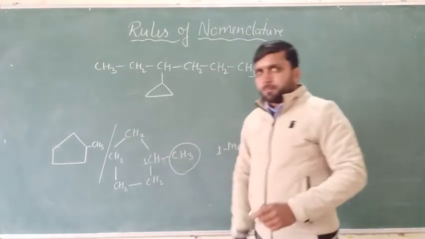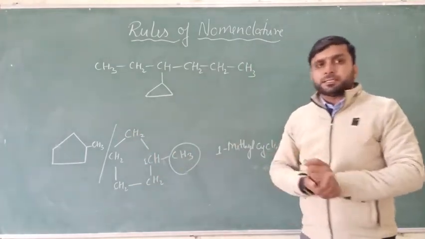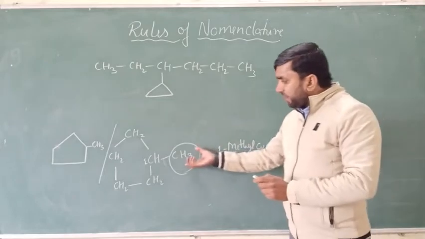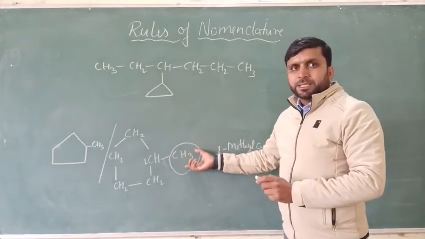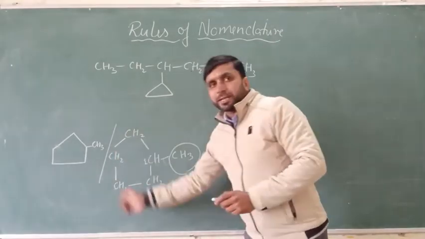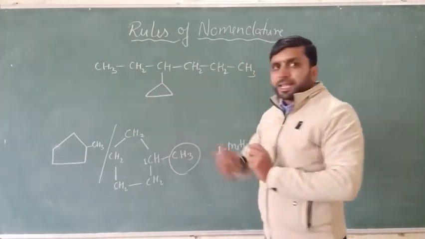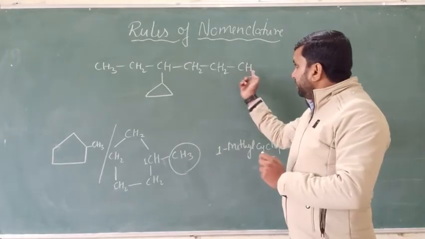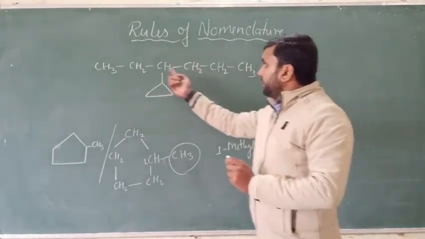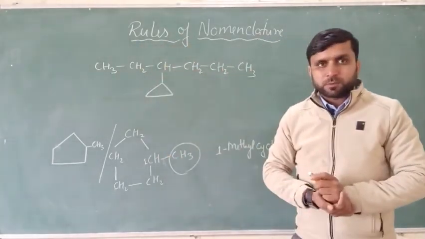Earlier we took CH3 as the branch because the number of carbons in this side chain is less than the number in the cyclic compound. In this case, if you see, there are 3 carbons in the cycle, and in this linear chain there are 1, 2, 3, 4, 5, 6 carbons.